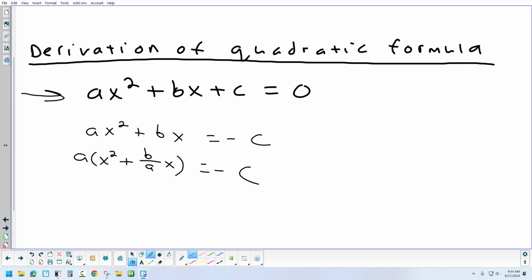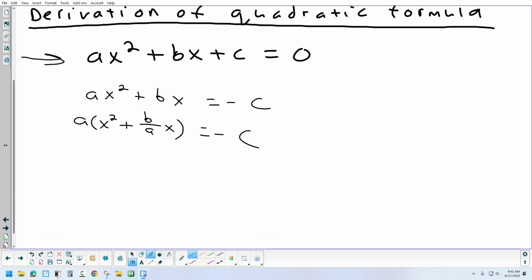Because if you distribute the a back out, you get ax squared plus bx. It goes right back to what you started with. Now we need to complete the square. So that's where we add. Yeah. So now let's complete the square.